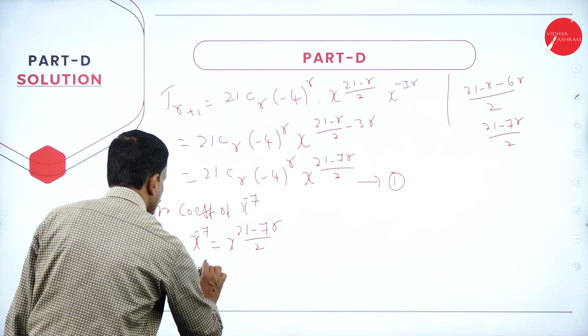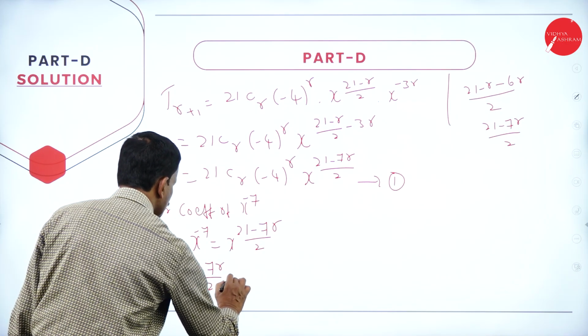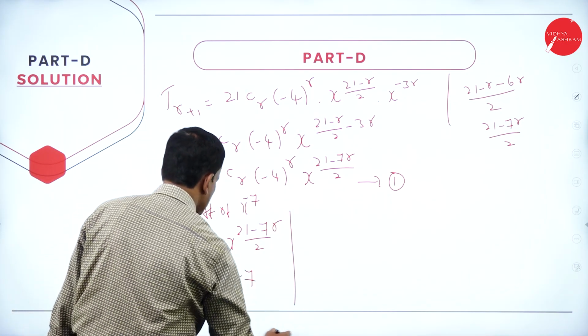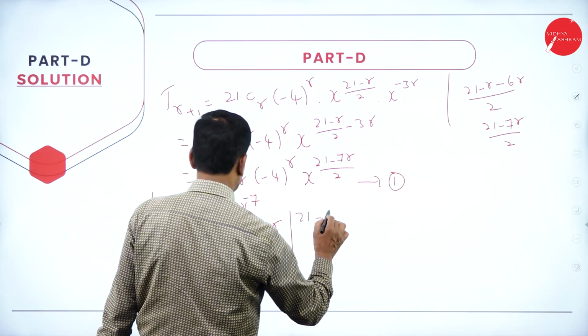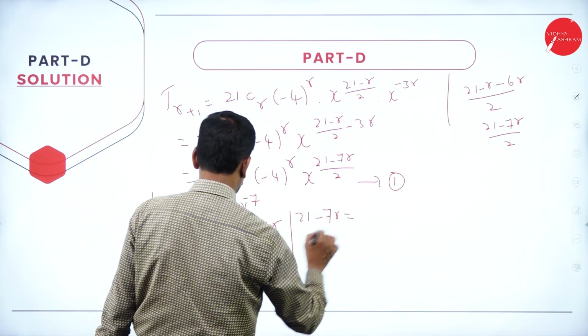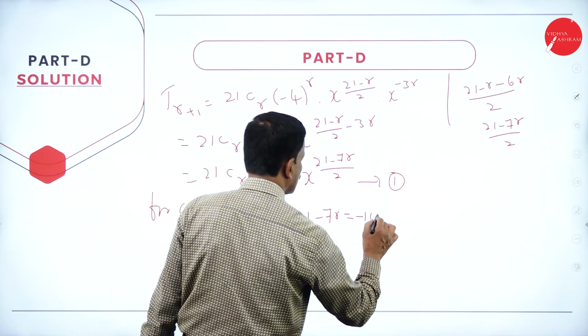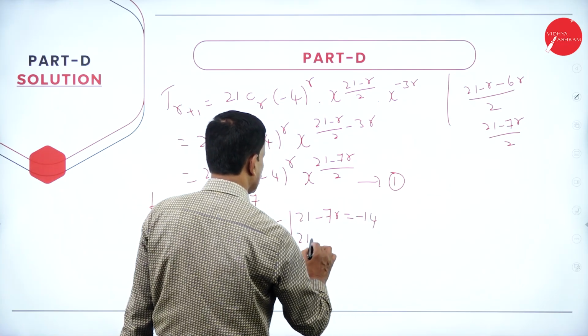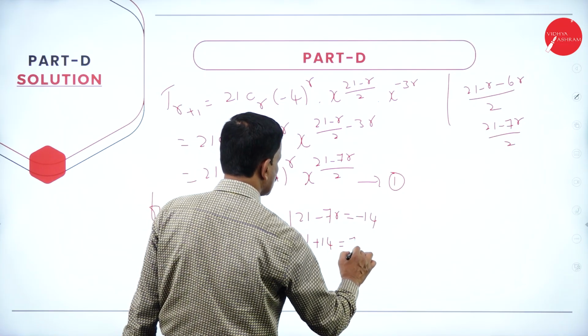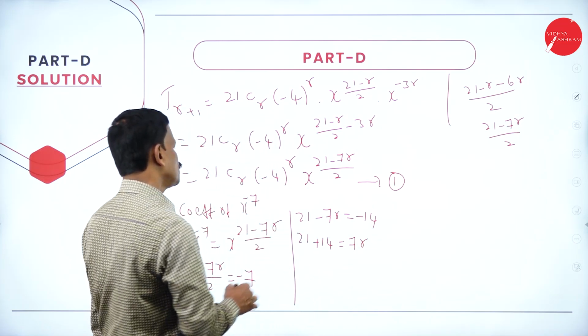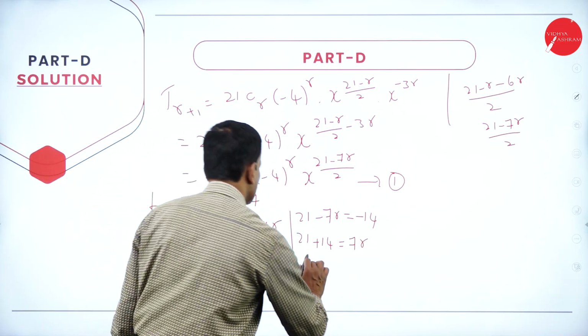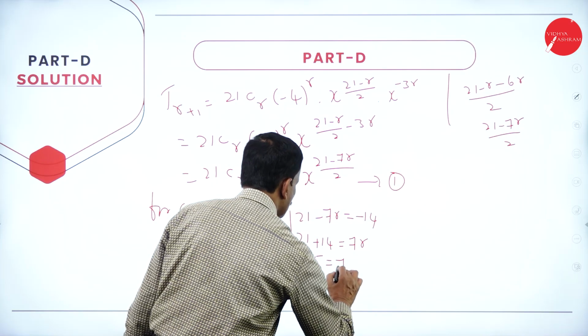So therefore 21 minus 7r divided by 2 is equal to minus 7. Simplify this. 21 minus 7r is equal to 7 2s are 14, minus 14. 21 plus 14 is equal to 7r. So 21 plus 14 is nothing but 35. 35 is equal to 7r.